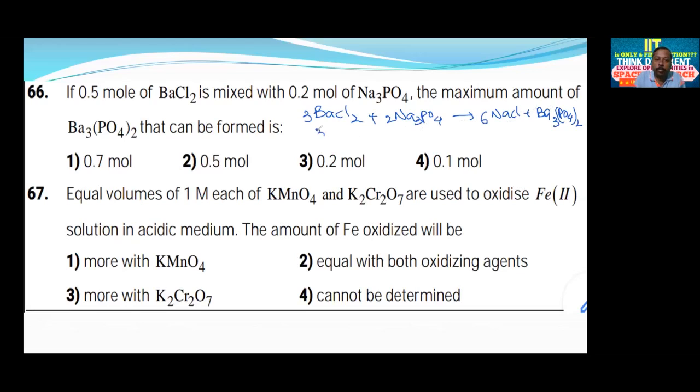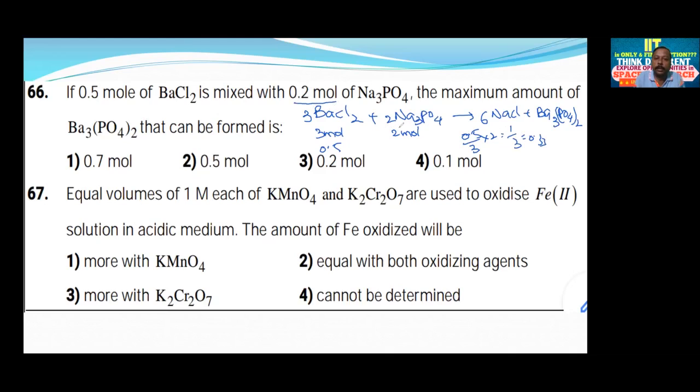Now here 3 moles require 2 moles. So 0.5 mole requires 0.5 divided by 3 into 2. So what will be the moles? 0.5 into 2, 1 by 3 moles. 0.33 moles required, but we have only 0.2 moles.